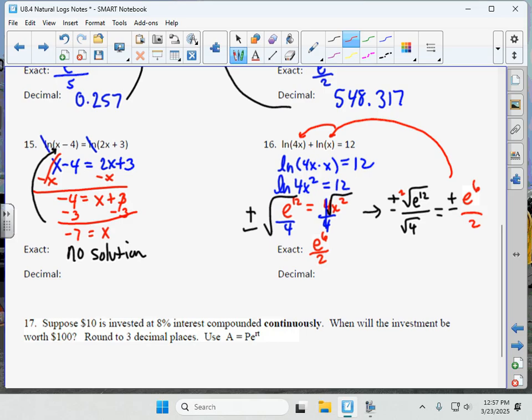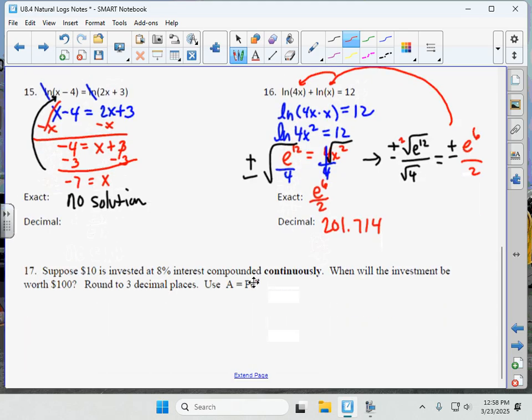All right, so e to the 6th divided by 2, 201.714. Again, if you were to check the negative value on that, it would just be negative 201.714. If you plugged it in for x, it's going to make it negative, and that's why you can't use the negative one. So only the positive one works.